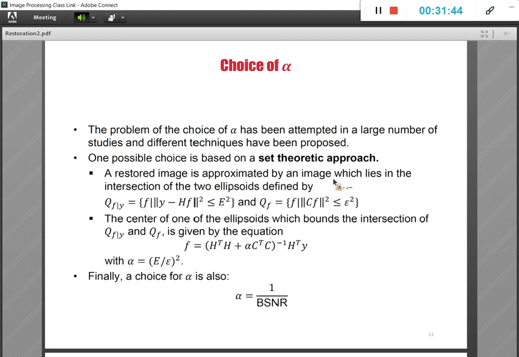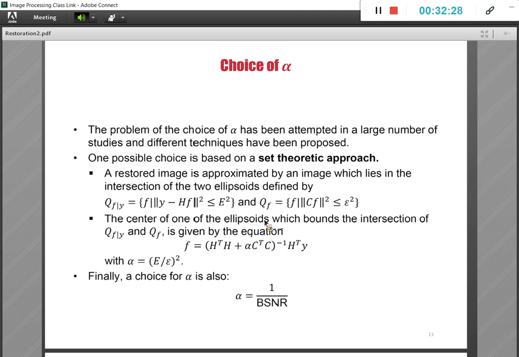A restored image is approximated by an image which lies in the intersection of two ellipsoids, defined by, for example, Q_F|Y is the set where the norm of Y minus HF is smaller than, for example, E, and Q_F is the set where the norm of CF is smaller than, for example, some error epsilon.